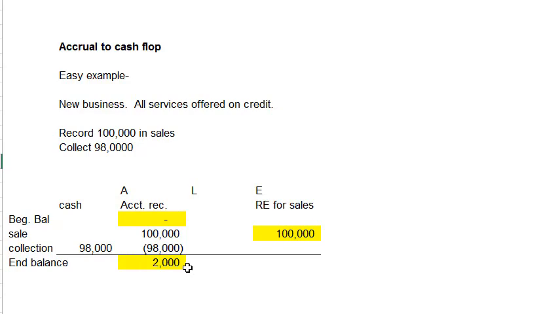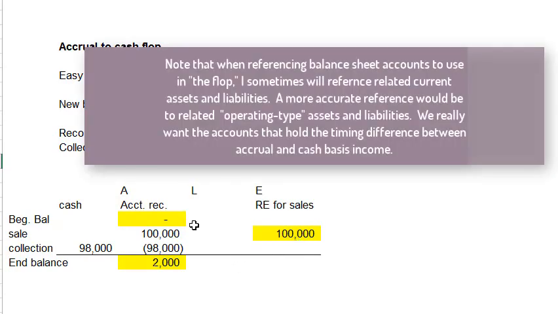If you have that information, we can convert this $100,000 to what cash collections must have been. If you start with your income statement accrual basis number and you adjust it for changes in related current asset or current liability accounts, you can arrive at what cash collections must have been.